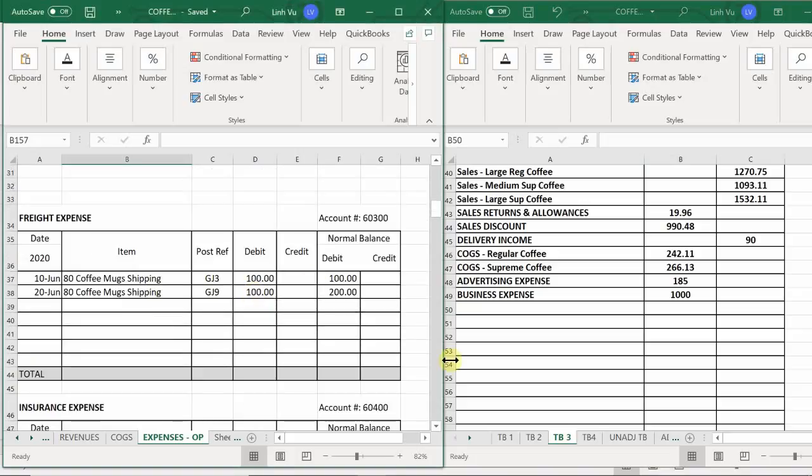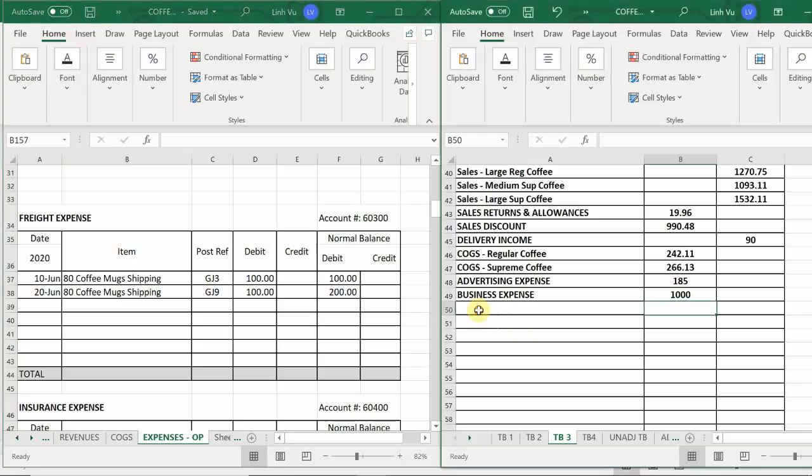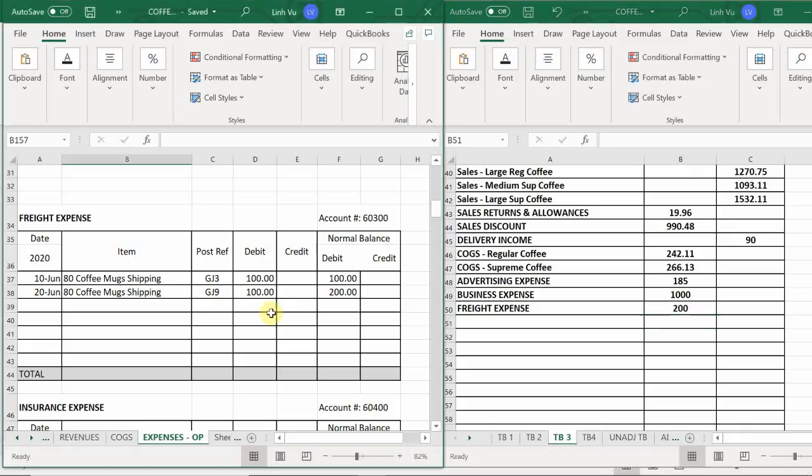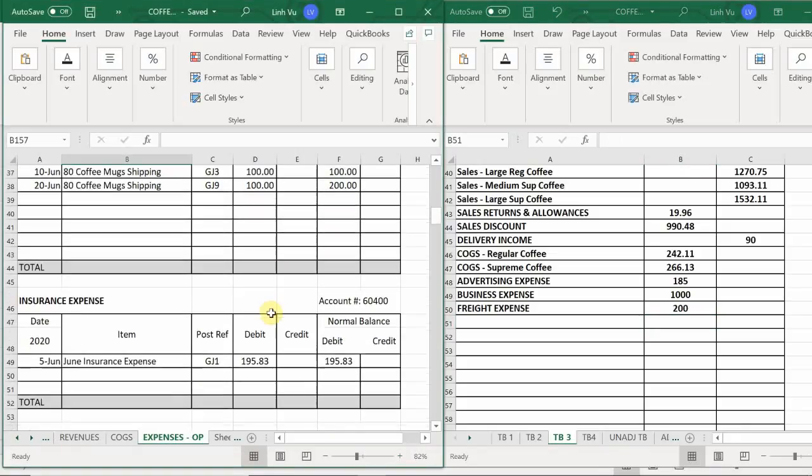Next up on our list is going to be freight expense. Right? We purchased 2 batches of our coffee mugs. So therefore, we have a total freight of $200. See what else is on our list. So that was freight expense.